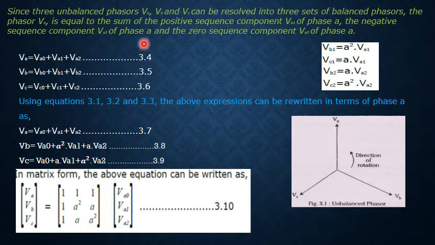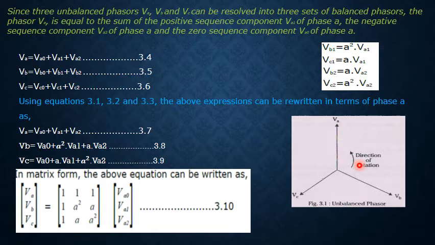after obtaining the respective positive, negative and zero sequence component equations, as we know there are three unbalanced phasors. This is the unbalanced phasor representation which we took into consideration in our previous section.